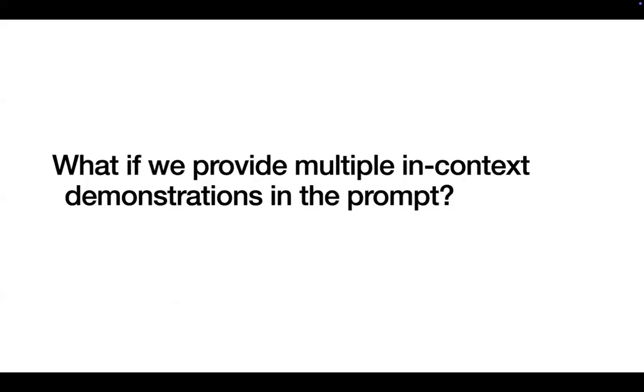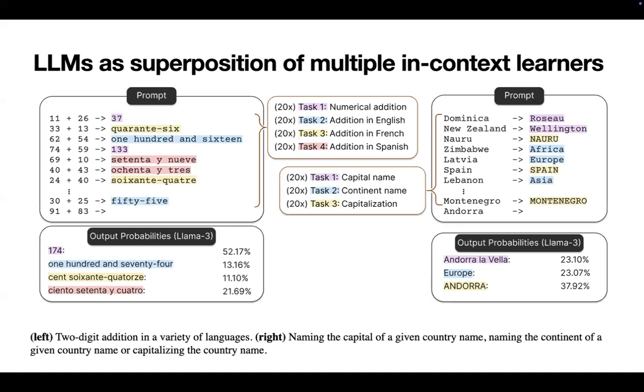So a natural question to ask is: what if we provide multiple in-context demonstrations in the prompt, where each demonstration can come from a different task? We actually ran this experiment. Not sure if you can see clearly here, but on the left side, we consider two-digit addition in a variety of languages. We consider four tasks: numerical addition, and addition in English, French, and Spanish. For each prompt, we form the prompt this way.